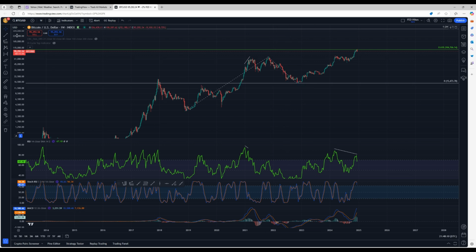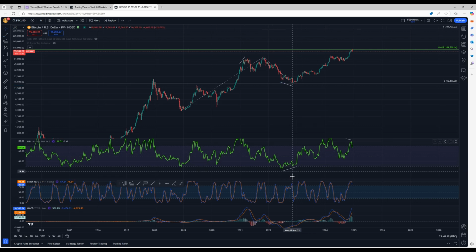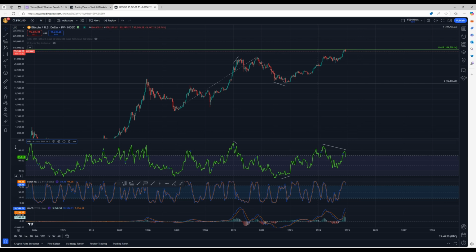So we had a bear market, and here's a lower low, and here's a low, but a higher low. This is after a bear market, you start looking for bullish divergence to know that it's time to go up. These are no-brainer trades.